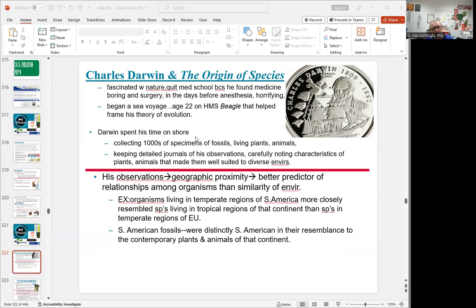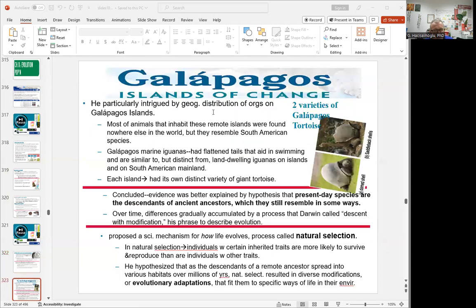If two species are on a nearby island, or one is on an island and the other on a nearby mainland, the species that live closer tend to be more closely related. That's biogeography. Natural selection is more about how species adapt to a changing environment.